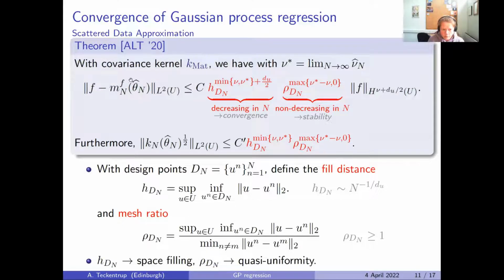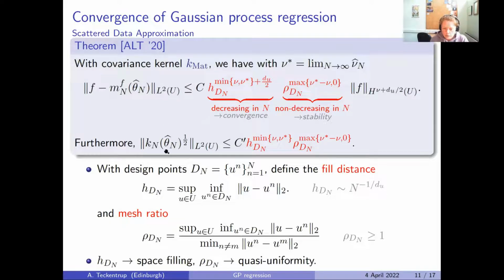This was the mean of f given y with the estimated hyperparameters, and you can show that that tends to your true function f. Right? So we here have then a bound on the L2 norm between the true function f and the GP posterior mean. The right-hand side will usually go to 0 as n tends to infinity, and so you get convergence of the mean to the truth.